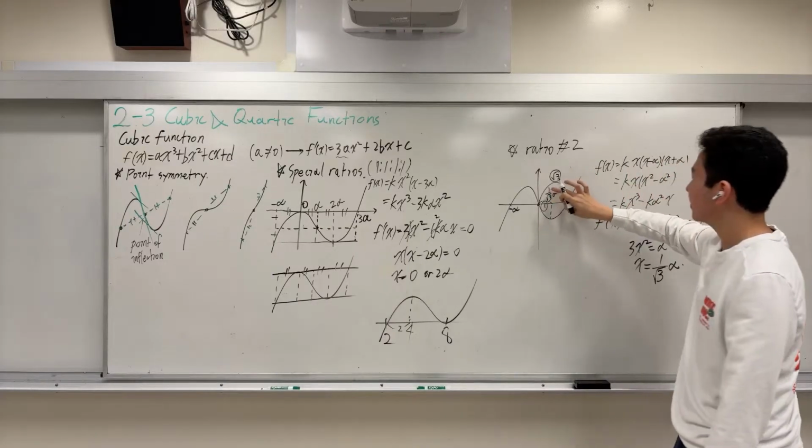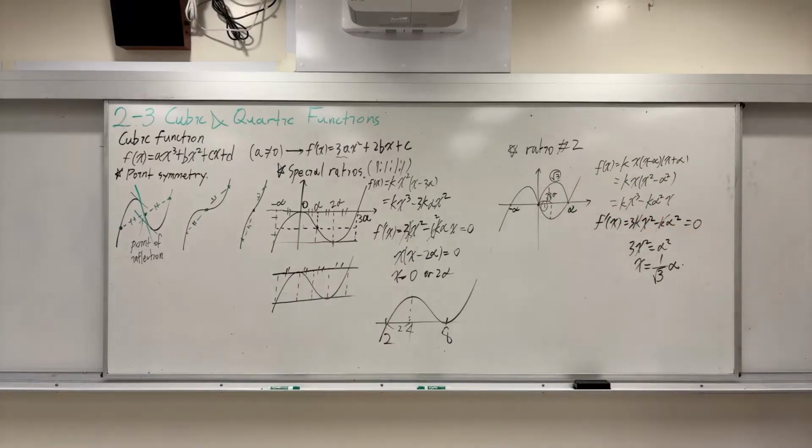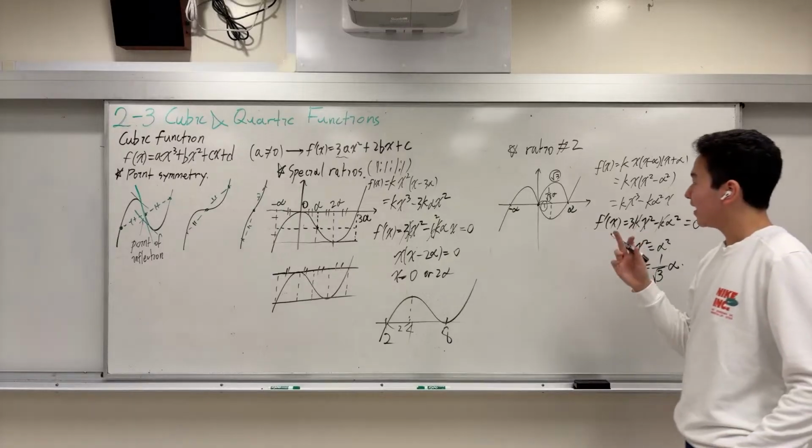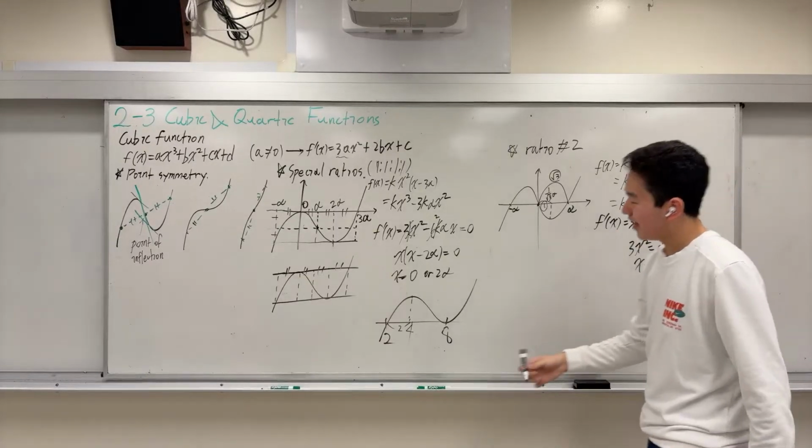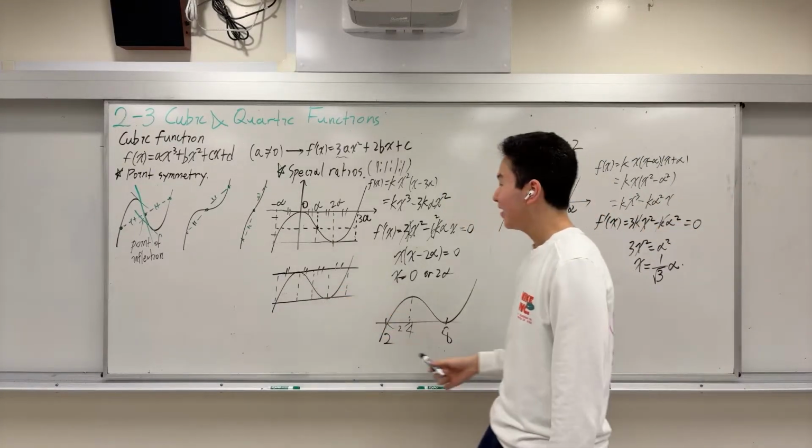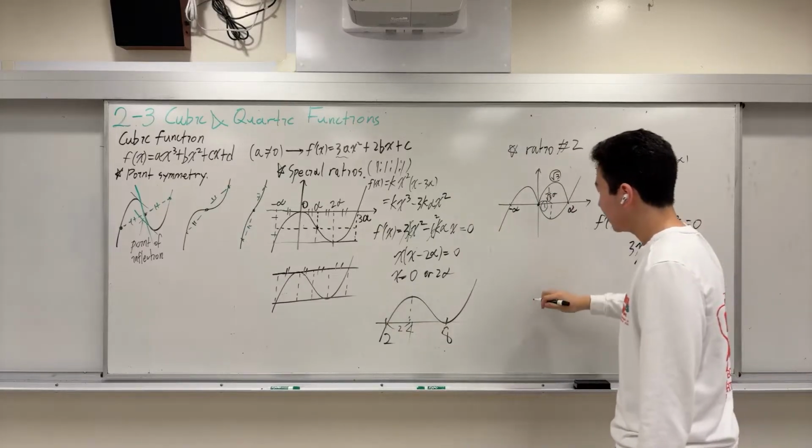Because you multiply this fraction by square root of 3 to get 1. So that's the second ratio that I feel like is not as helpful as this one, but still a good one to know.